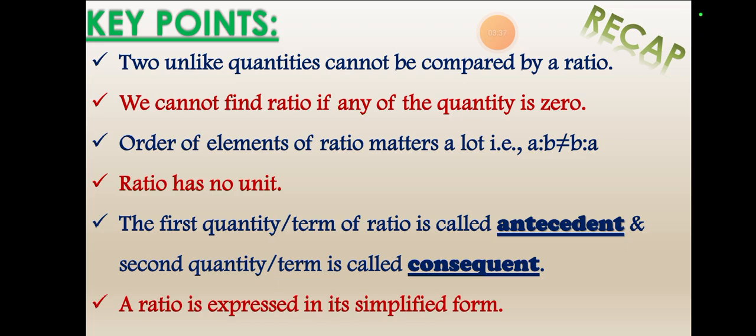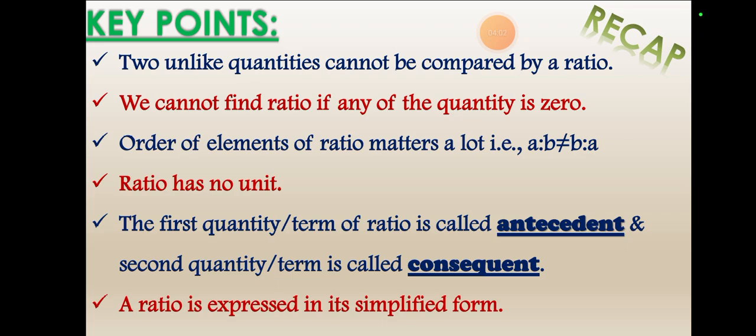I said that the quantities should be of the same kind, so then how can we compare them? The order of elements of a ratio matters a lot. Like A ratio B is not B ratio A. Like in division order matters a lot, and in subtraction order matters a lot. The same as in fractions, in ratio order also matters a lot.